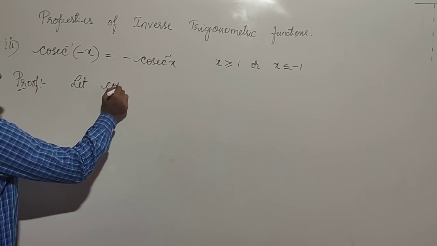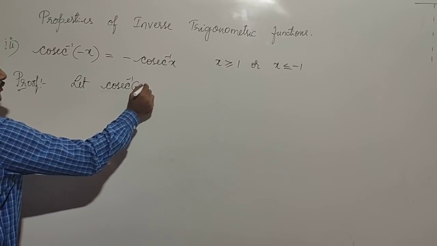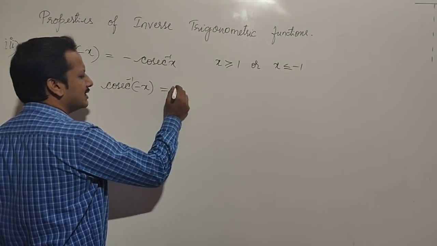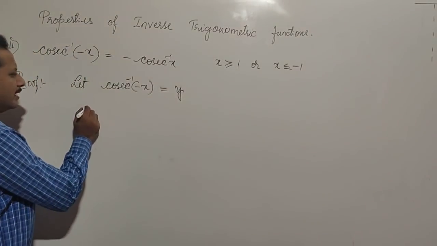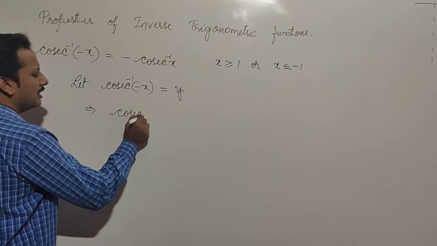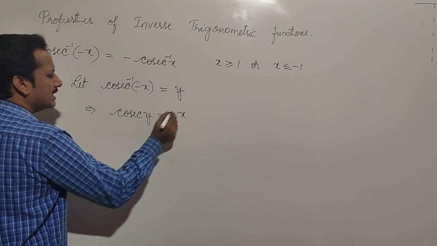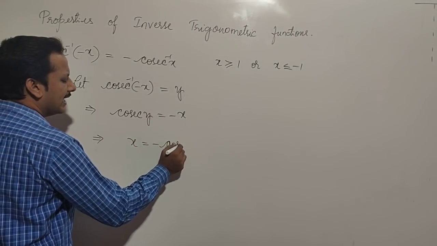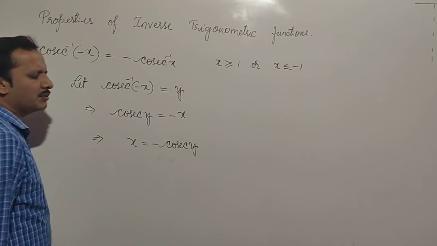Proof is very similar to the previous two proofs. Let cosecant inverse of minus x is equal to y. Then by definition, cosecant y is equal to minus x. That will give you x is equal to minus cosecant y.